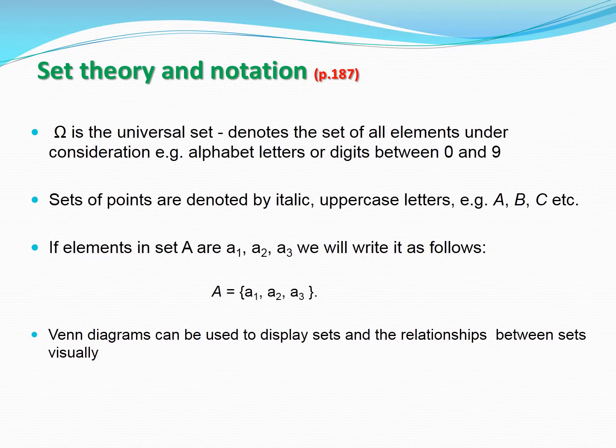For example, if we have set A and it consists of elements A1, A2 and A3, then this is the notation that we are going to use to indicate that. So you just separate the different elements within the set with commas and you put them in braces. Then Venn diagrams can be used to visually display the relationship between sets.